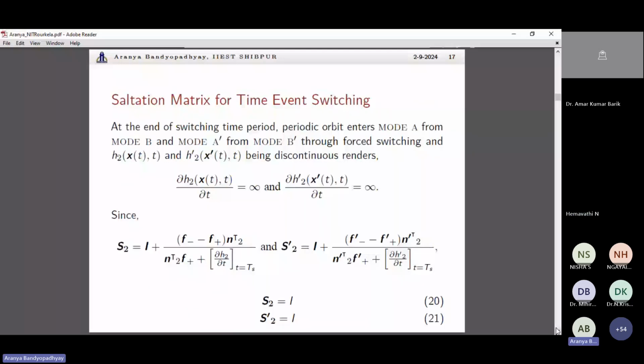For the state transition matrix for the time event switching, funnily enough, and a big respite to us, it is nothing but an identity matrix. Because if you take a look at the form of the fault-ation matrix, you will see there is a term called del H to del T, where H is the switching hypersurface or switching surface. Del H del T means the rate of change of the switching surface. What happens at the very moment of discontinuity at the end of the switching time period?